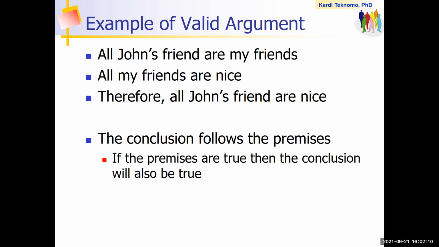Now, if the premises are true, that all John's friends are my friends and all my friends are nice, then the conclusion must be true. The validity of an argument depends on the form and the validity of the premises. If the premises are true, then the conclusion is also true.